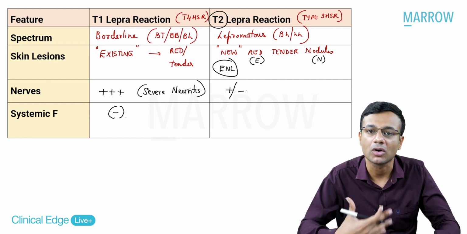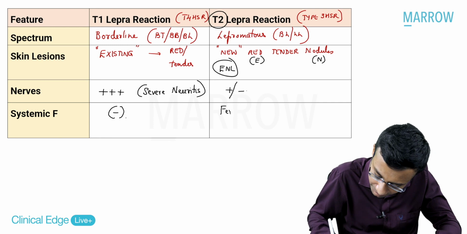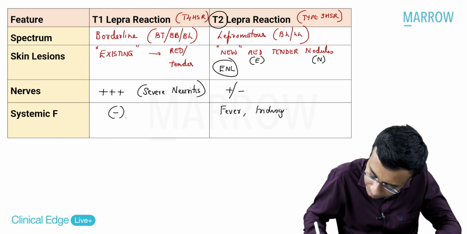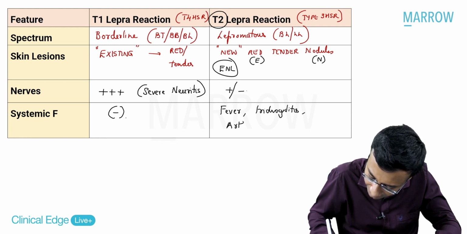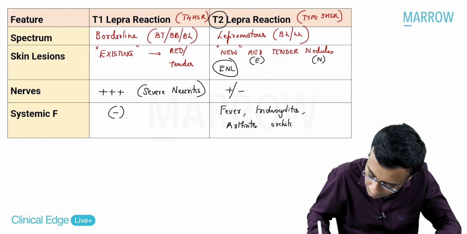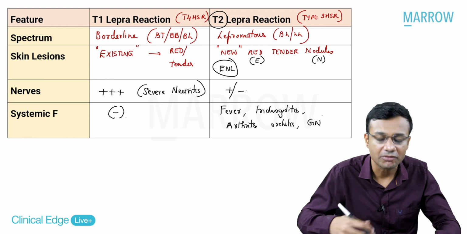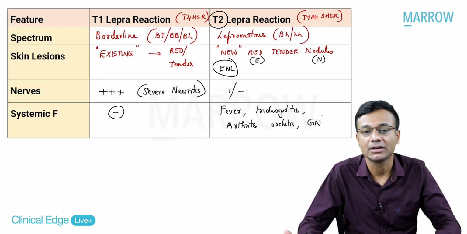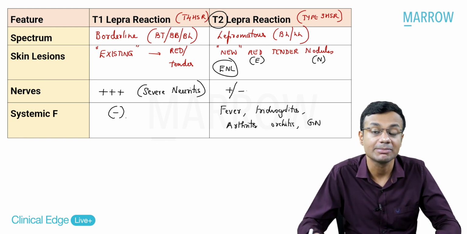It can deposit all over the body. The patient has fever, can have iridocyclitis, arthritis, orchitis, glomerulonephritis. So you can have multiple types of systemic involvement in type 2 lepra reaction because it is an immune complex mediated disease.